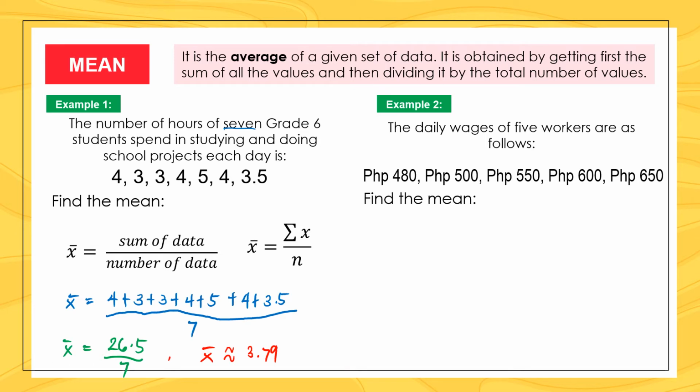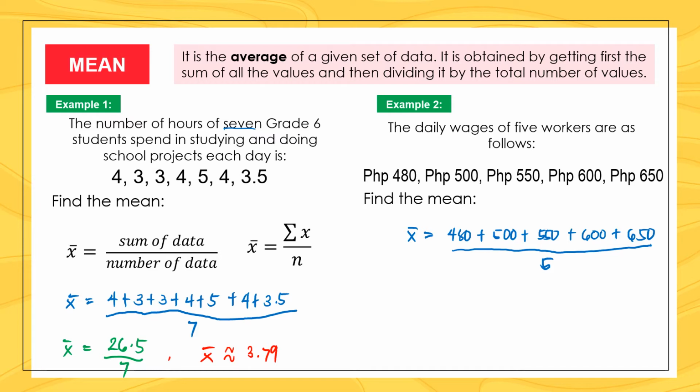Finding the mean and applying the formula, let's start with the solution. 480 plus 500 plus 550 plus 600 plus 650, all over how many data do we have? 1, 2, 3, 4, 5, or 5 workers, divided by 5. Of course, if you're watching it, maybe you're done already.